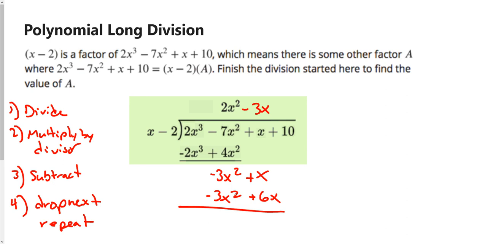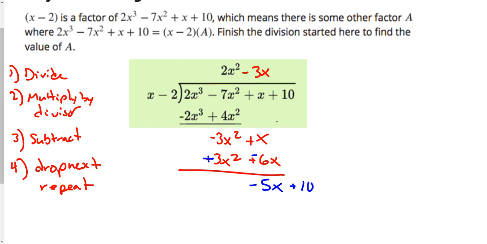Subtract. Or change signs and add. That cancels. x plus negative 6x is negative 5x. Drop the next term down. Now repeat. Now we're going to take this term, we're going to divide by x.